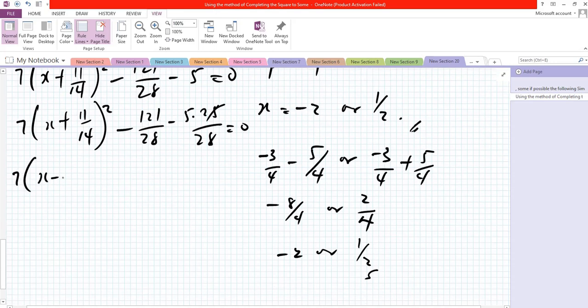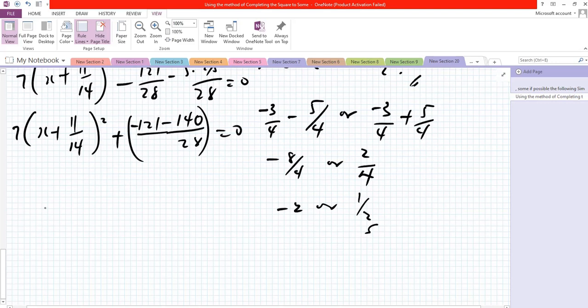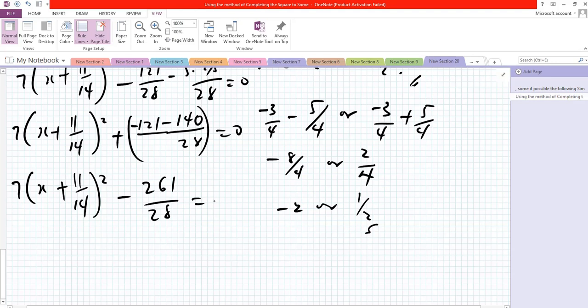So 7 into x plus 11 over 14 all squared minus 261 all over 28 equal to 0.